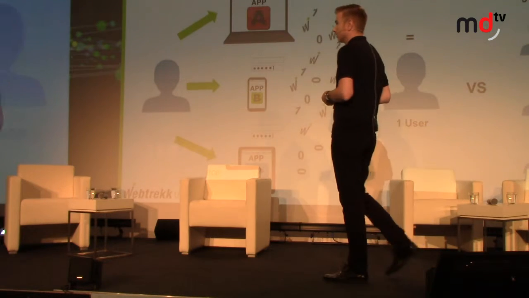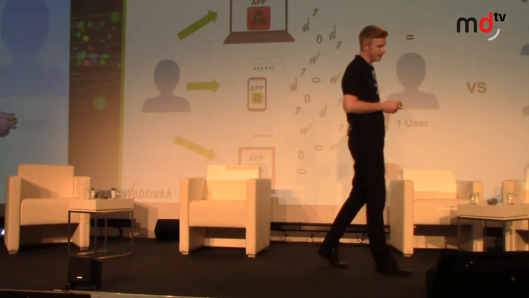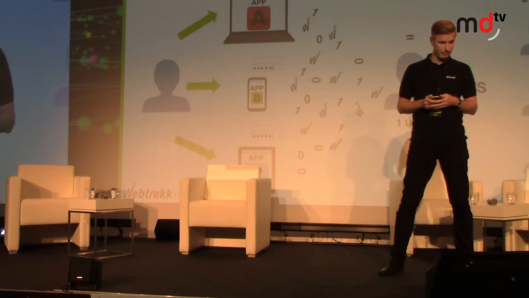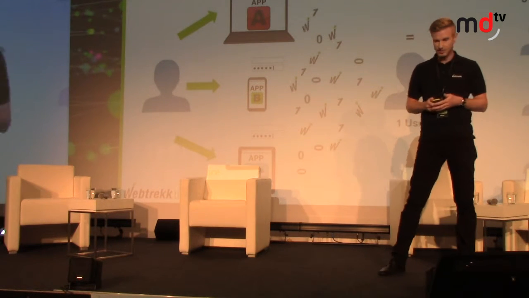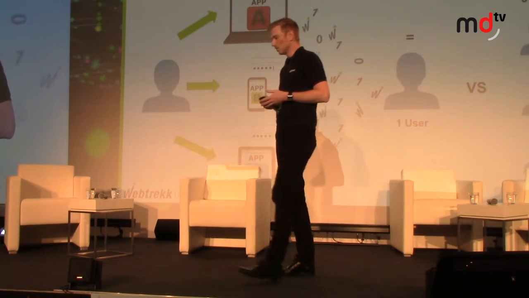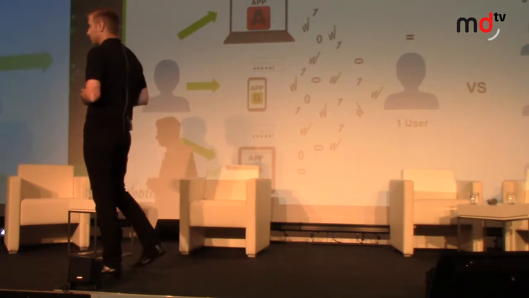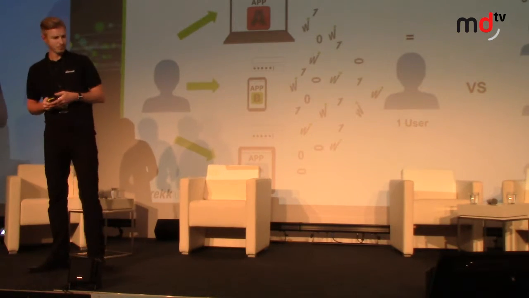And as Christian mentioned, we have something in place to cross devices, or to bridge devices, which is the cross-device bridge. So we all know how difficult it is to get proper cross-device data, especially for your unknown users.